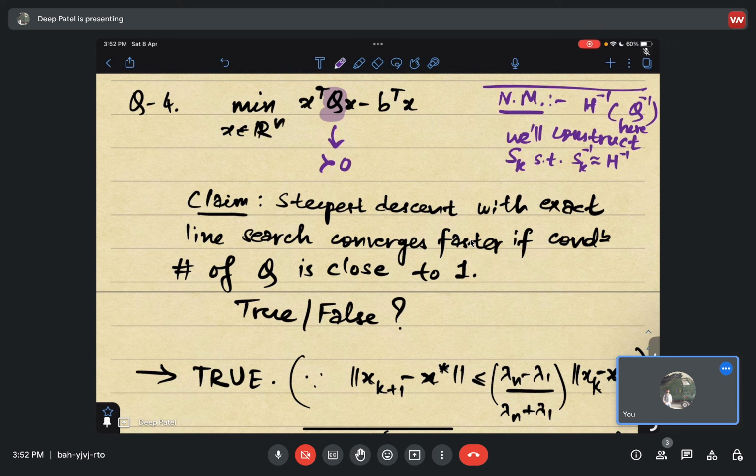There are methods to do that, quasi-Newton methods, the BFGS and all those. At every step you construct another matrix which roughly mimics this inverse Hessian. But then that means you'll need update equations for these Sk also, at every iterate. So it becomes expensive.